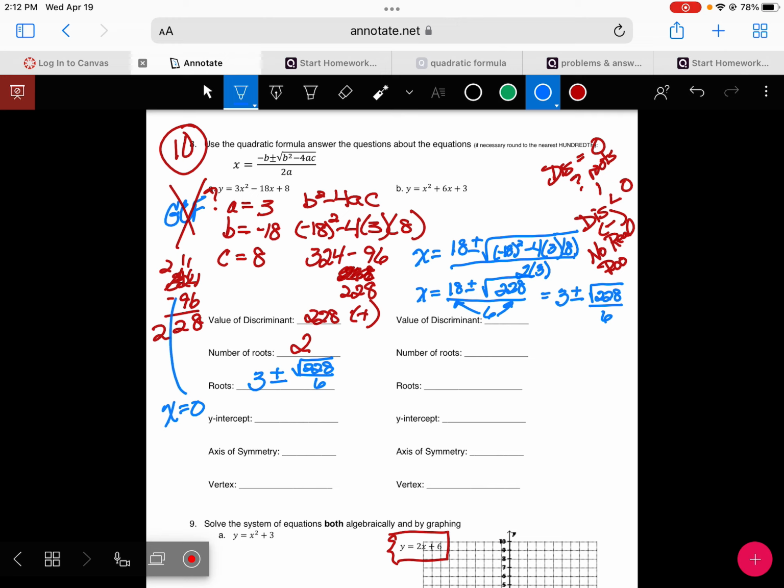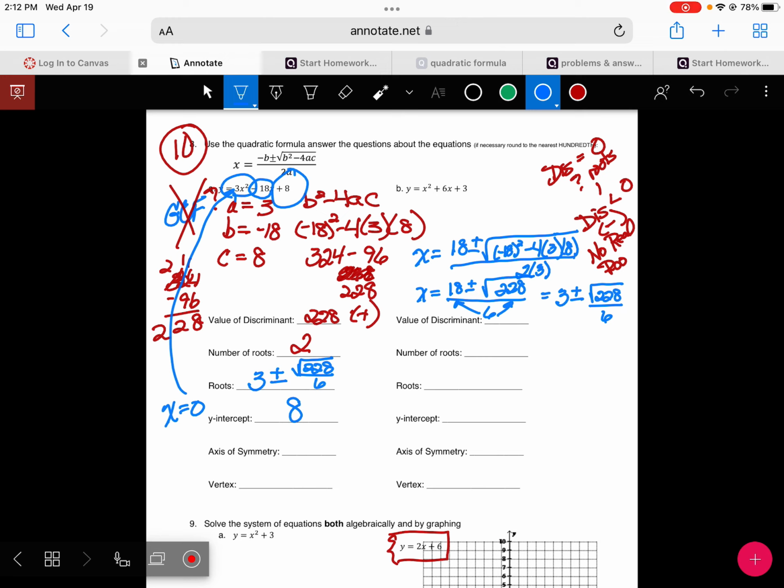And so when x is equal to 0 and you go back to your original, what happens to the first term? It's gone, right? It zeroes out. What happens to the second term? It zeroes out. So what is your y left to be? 8. Does everybody see that? So remember, when you're looking for the y-intercept, it is your c value in standard form.